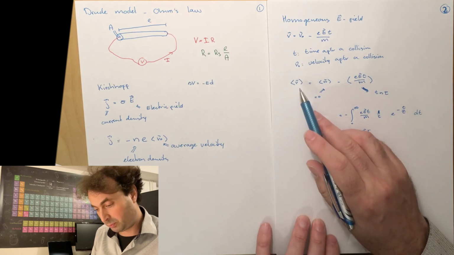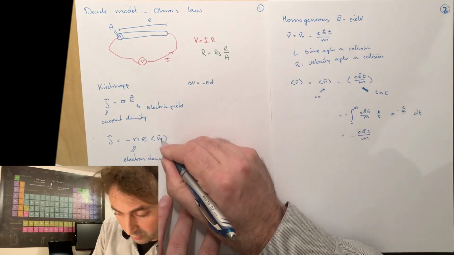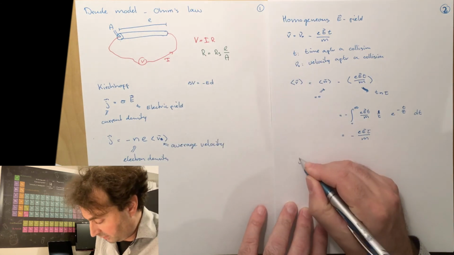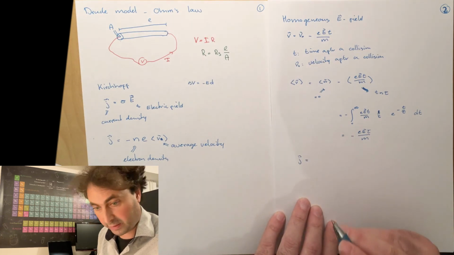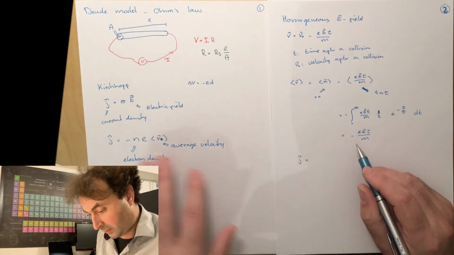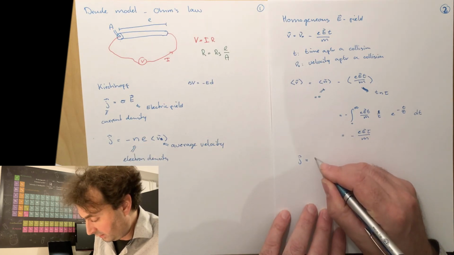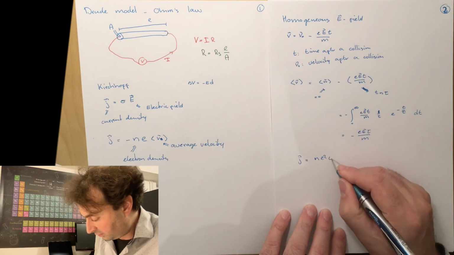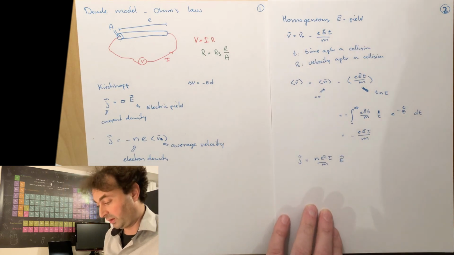We can now put in the average velocity in our equation here, and we shouldn't have a 0 here, such that our current is given by minus n e times minus e E is a plus, n e squared tau over m times the electrical field.